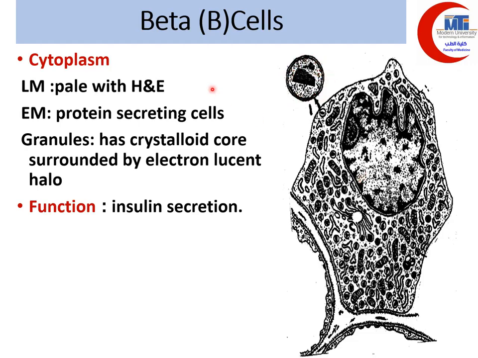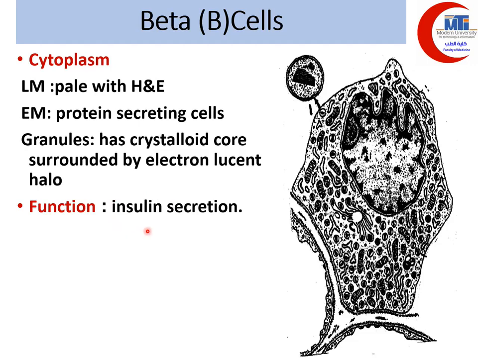Again, the electron microscopic picture of beta cells as protein secreting cells contains well-developed rough endoplasmic reticulum, well-developed Golgi, and membrane-bound secretory granules. These granules have a crystalloid core surrounded by an electron lucent halo. Beta cells secrete a hormone called insulin. Insulin hormone is the main hormone in islets of Langerhans.